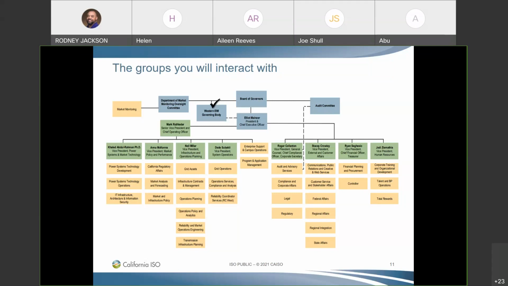Now, the current structure here at the ISO is the following. As of late 2020, our president and CEO, Elliot Mainzer, took a newly created role, and then we also have Mark Rothleder, our Senior Vice President and Chief Operating Officer.